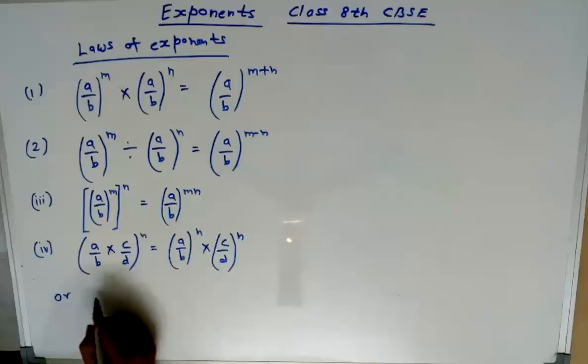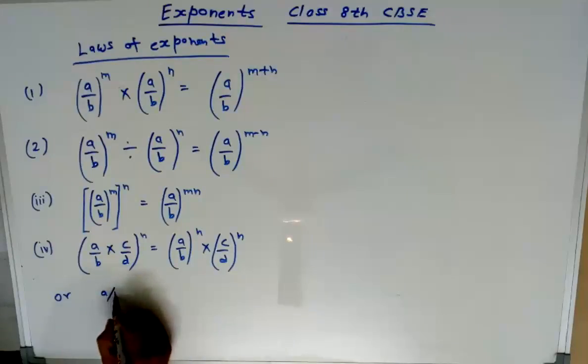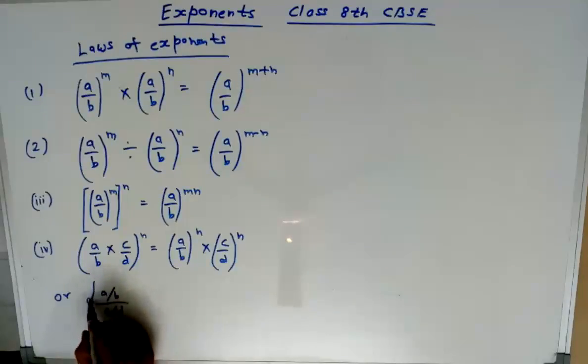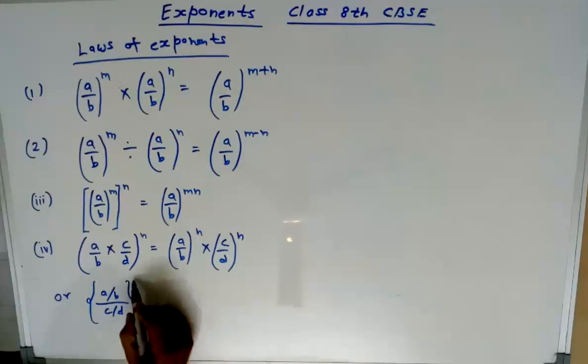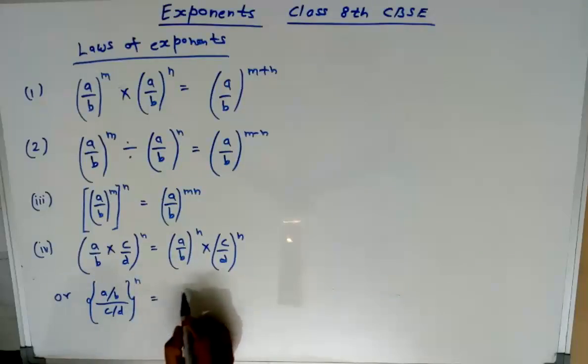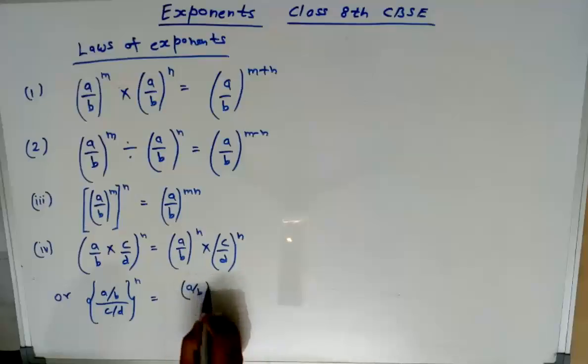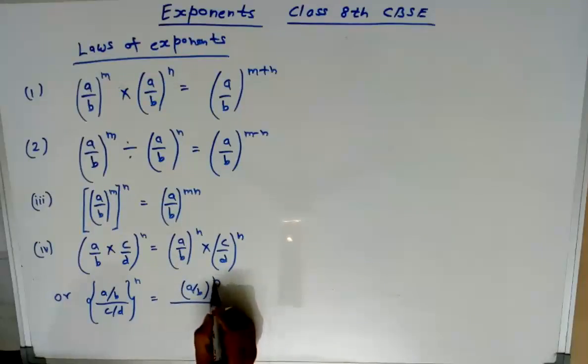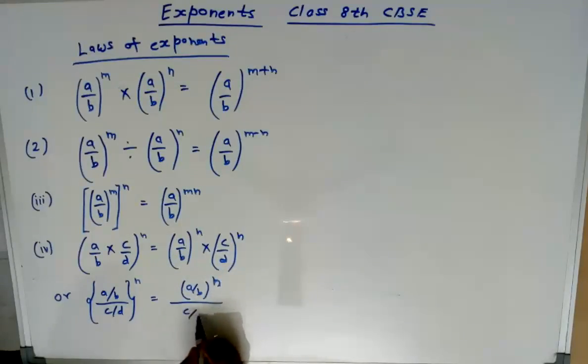Or we can write the same property as, if a/b and c/d have a combined power of n, then we can write (a/b)^n upon (c/d)^n.